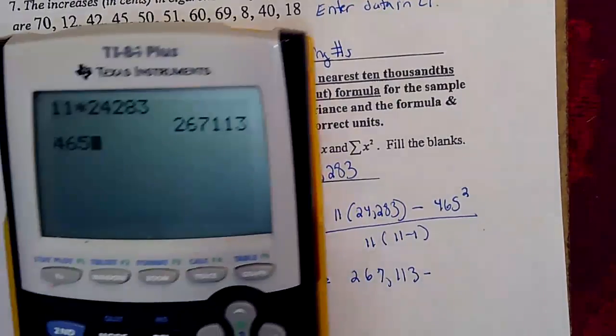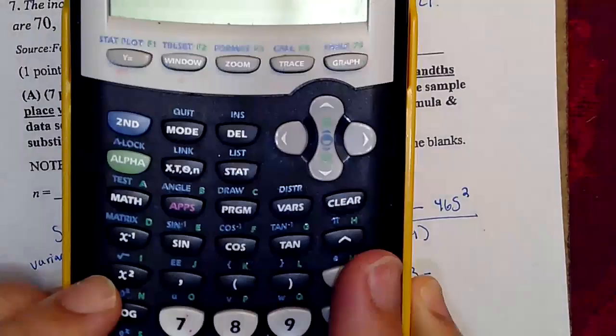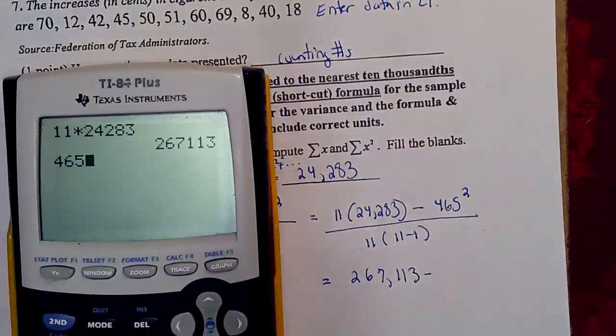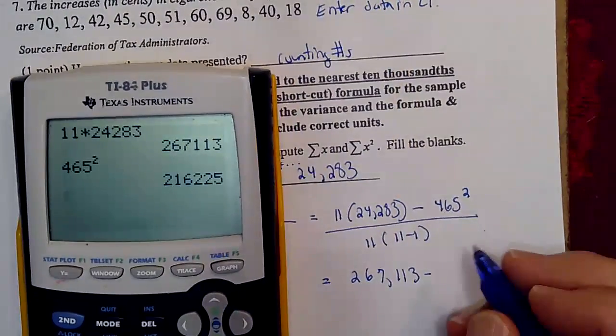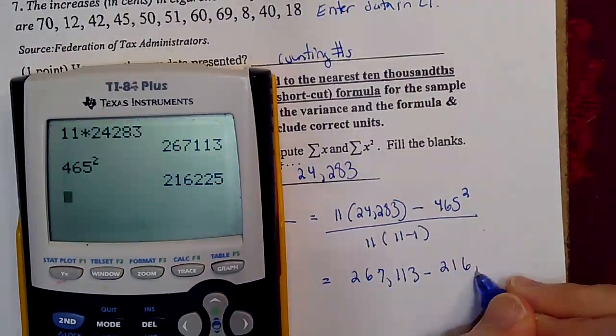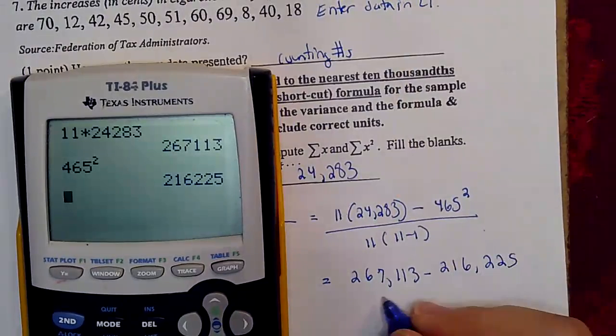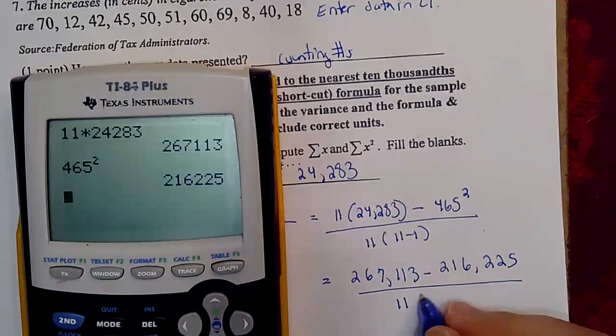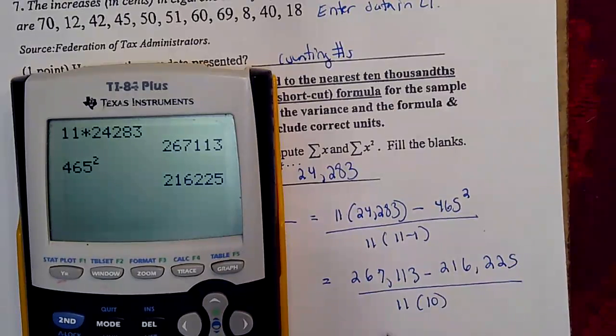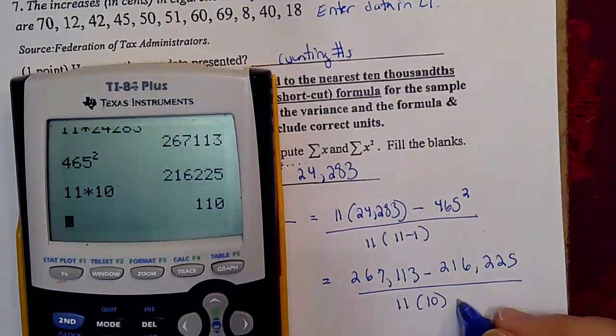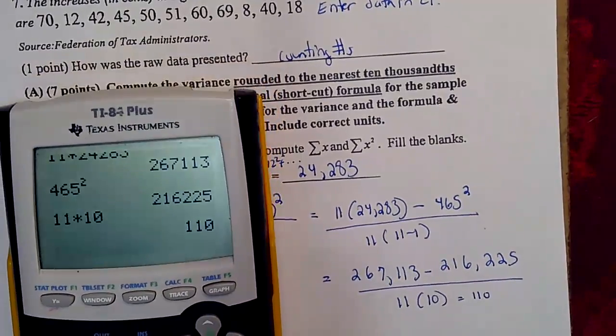So here's my squared key right there. Okay, it gives me 216,225. And then 11, take away 1 is 10. And let me just see what 11 times 10 is. That's equal to 110. Okay, that'll save me a little bit of time there.